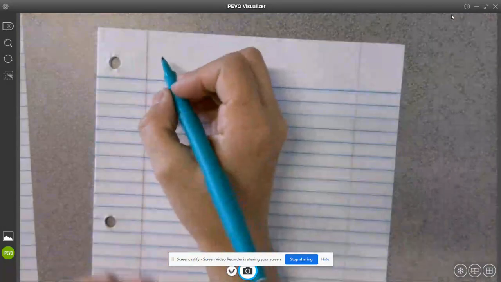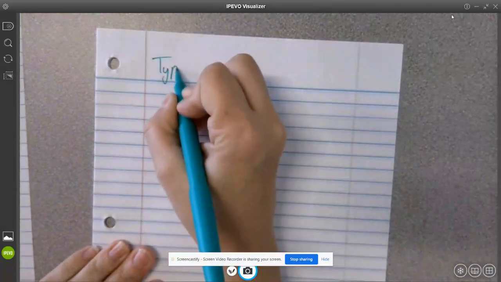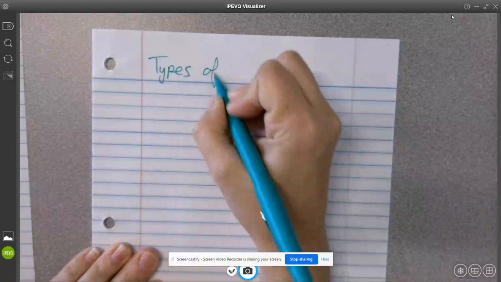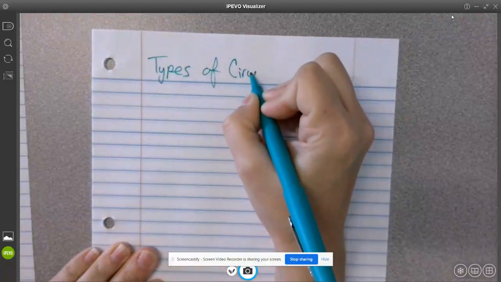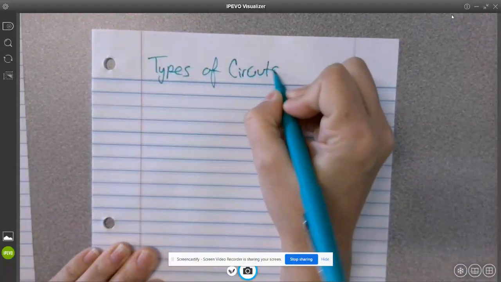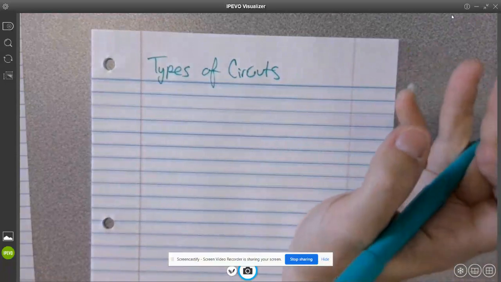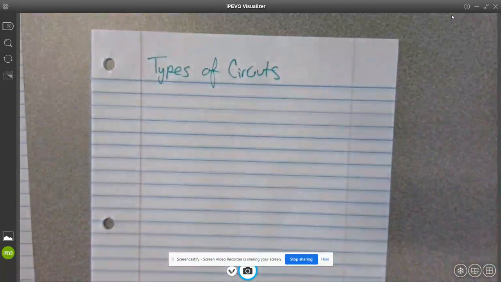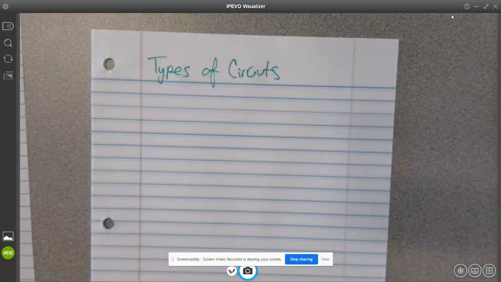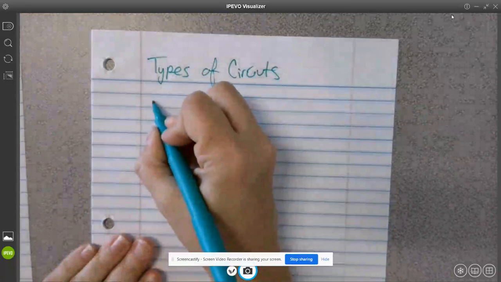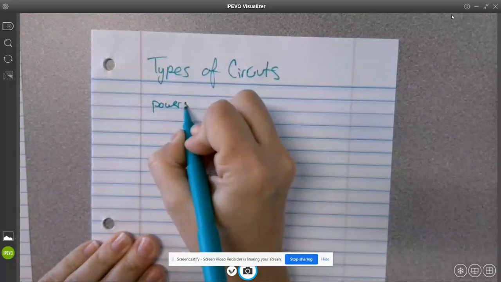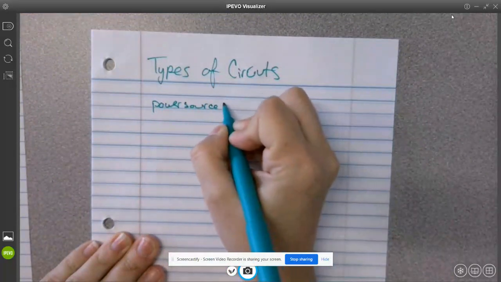The first is going to be types of circuits. And of course, if you have seen a circuit or you've heard of it before, you know it has to deal with electricity. Anytime we are dealing with a circuit, it is going to have a power source of some kind.